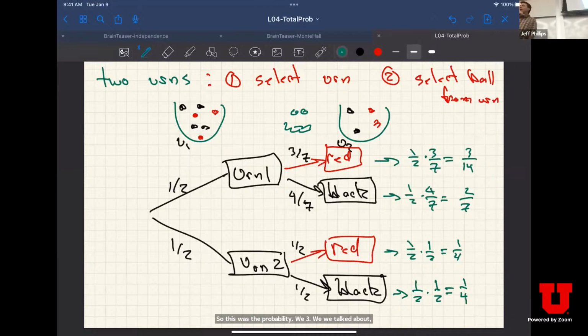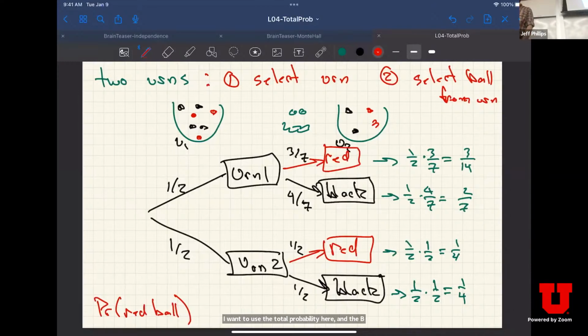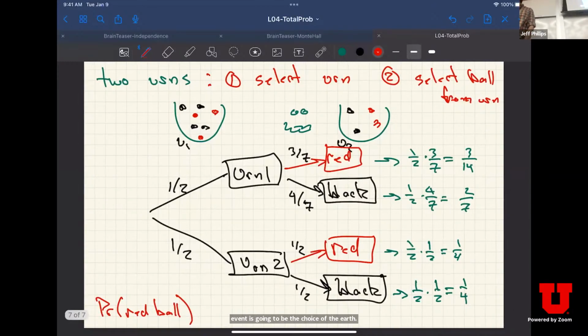Okay, so now we want to say what's the probability of a red ball, but I don't care which urn. I want to use the total probability here, and the B event is going to be the choice of the urn. So think of A equals a red ball and B equals urn 1, right?